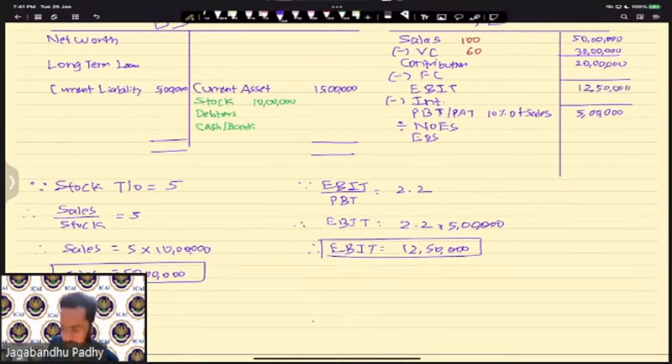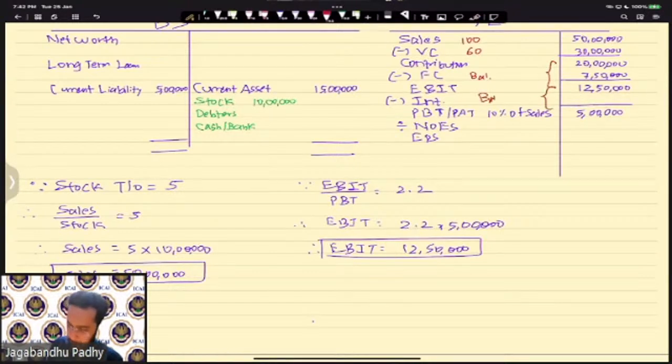So we get an EBIT of 12 lakh 50,000. Now that itself is going to help us in a great way, because the fixed costs will be the difference, which is 7 lakh 50,000. Contribution of 20 lakh reducing the 7 lakh 50,000 fixed cost, we get an EBIT of 12 lakh 50,000. From that we subtract the interest. Interest we don't know, but we can get this as a balancing figure.